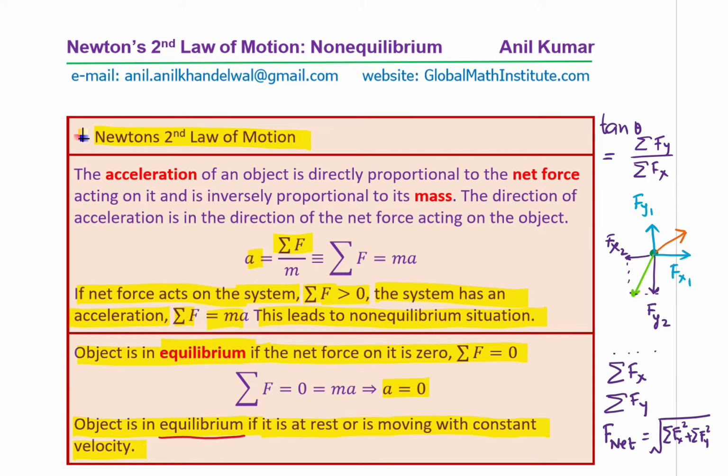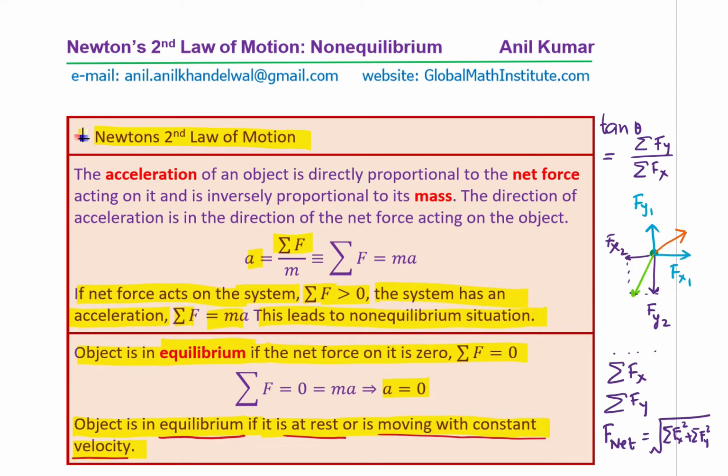So when it is in equilibrium, it is at rest or moving with constant velocity. So it is very important to note both the points. So if I say that two objects are there and they are connected and they are moving with constant velocity, right? That means the system is in equilibrium, right? Because the acceleration is zero. So mass into acceleration will be zero, net force will be zero. So I hope this point is absolutely clear.